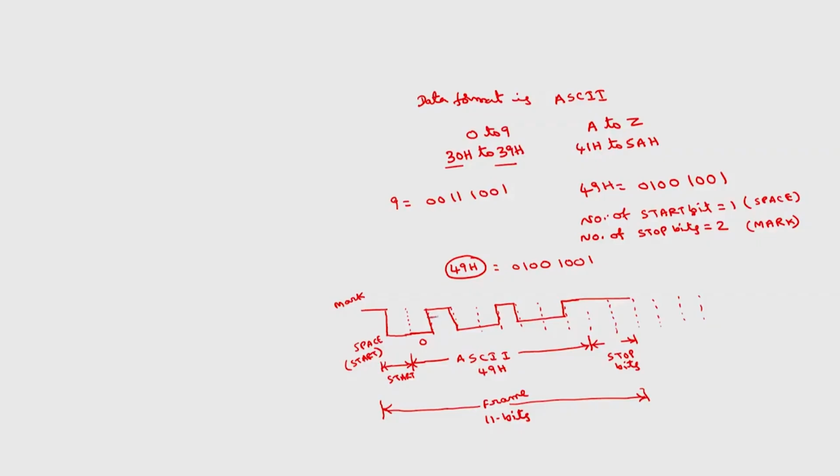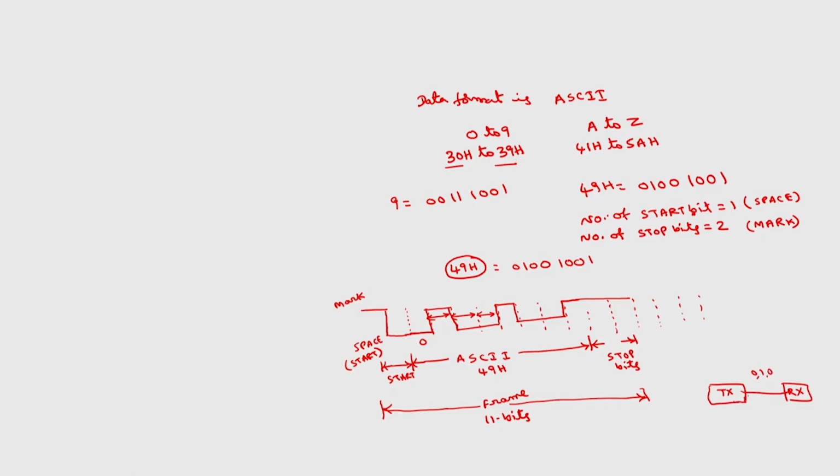Now, the rate at which the bits will be transmitted is decided by the duration of this clock signal. These durations are the same. So, what is this duration? That will be decided by the rate at which the bits are transmitted from the transmitter. This is the transmitter, this is the receiver.